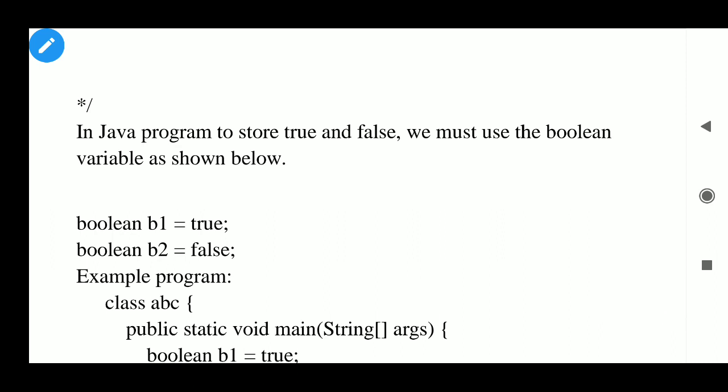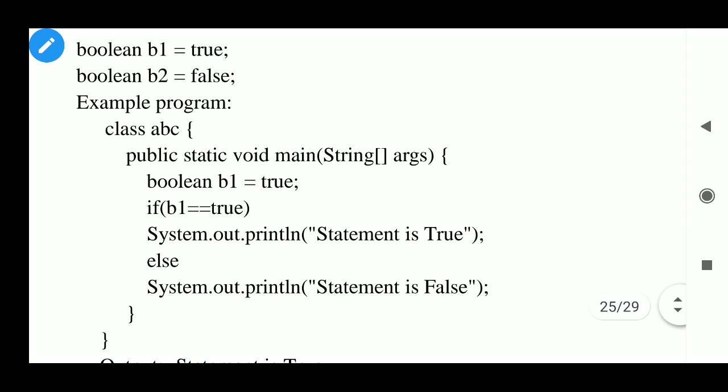In a Java program, to store true and false, we must use a boolean variable as shown below. boolean b1 = true or boolean b2 = false, but we should not write them in double quotes. Simply write true or false. Example program: class ABC, public static void main, boolean b1 = true. We have assigned true to b1, so b1 is also boolean type.